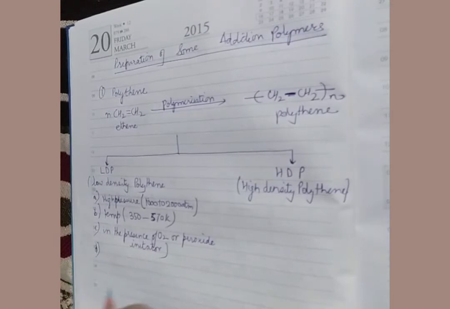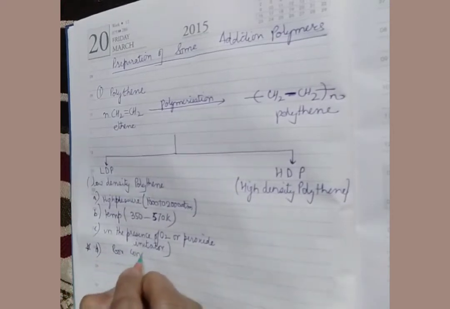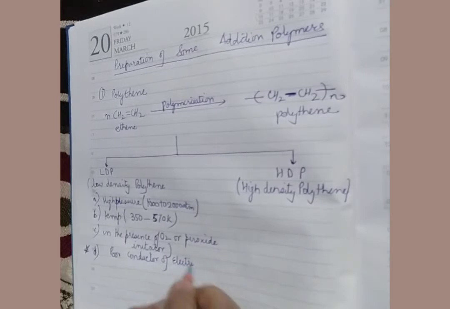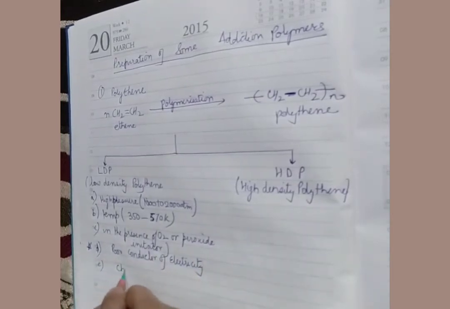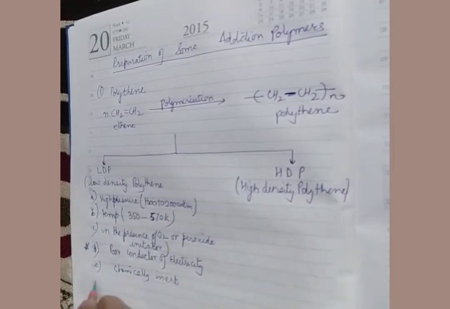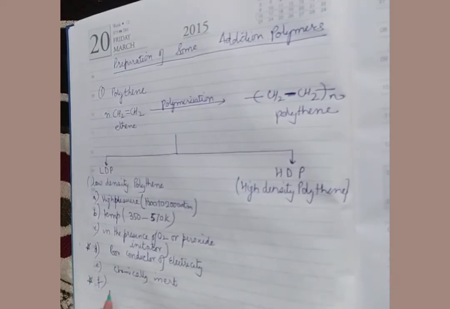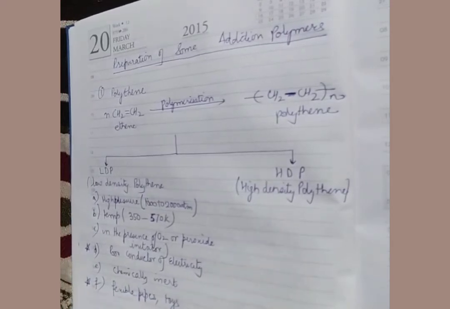The properties which we are getting by the preparation of this is, they are poor conductor of electricity, they are chemically inert, and they are being used for making flexible pipes, toys.